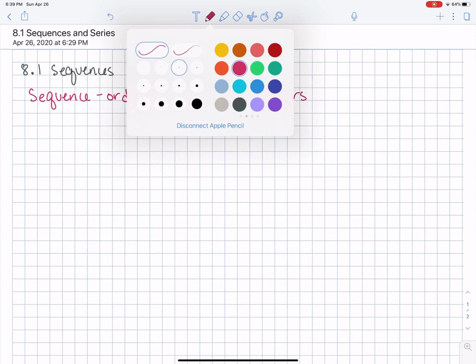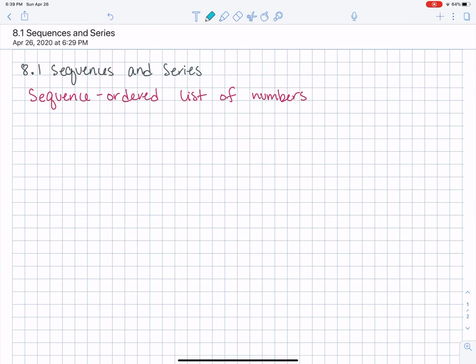But these can either be infinite, meaning that they can go on forever and ever, or they can be finite. So a finite sequence is a function, our favorite term, that has a limited number of terms.